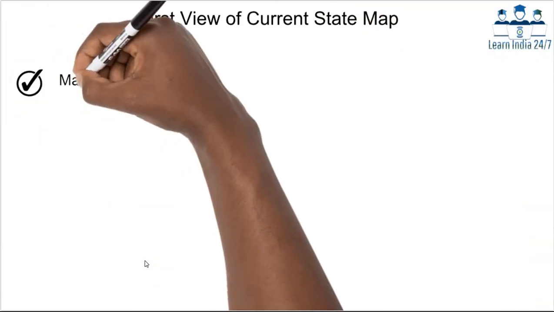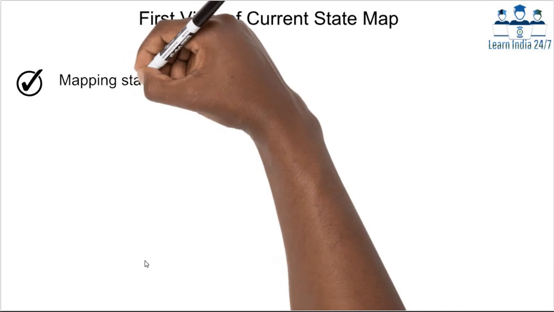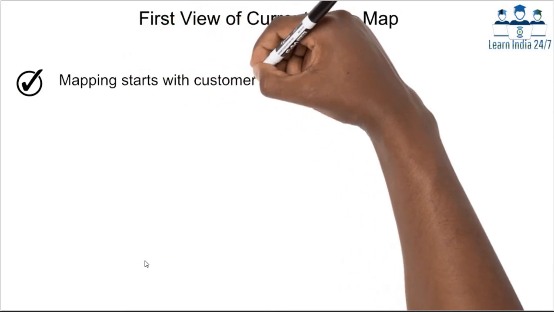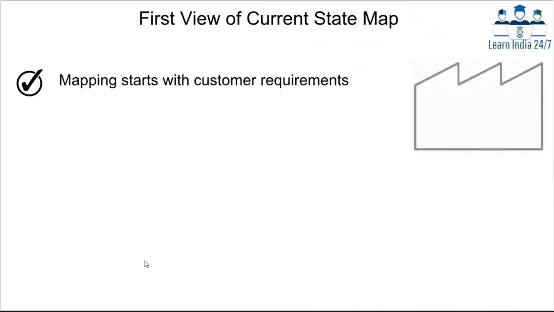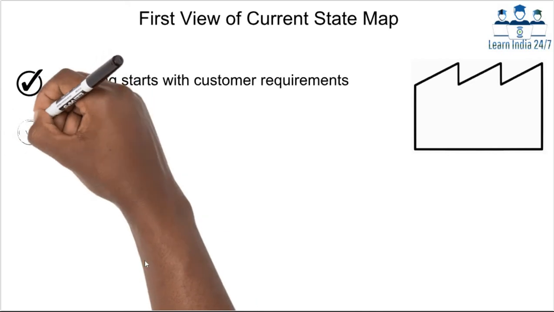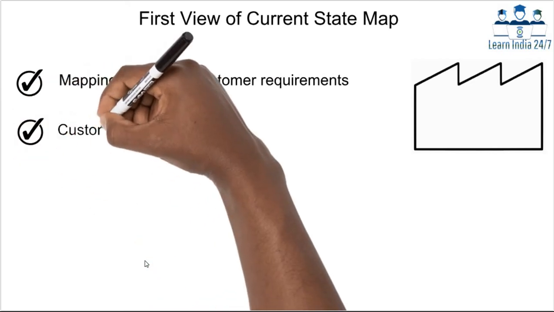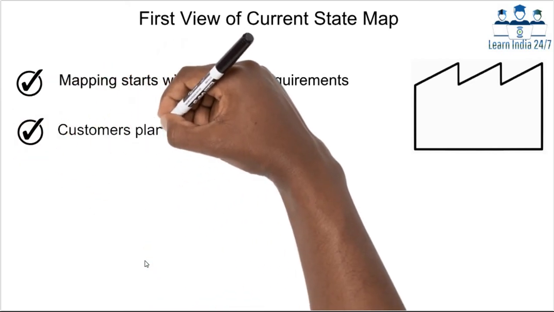Mapping starts with customer requirements. We will show the customer's assembly plant with a factory icon placed at the top right portion of the map. Below the icon, we will draw the data box showing the customer's requirement.